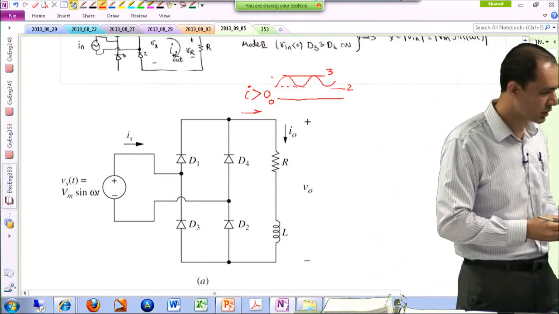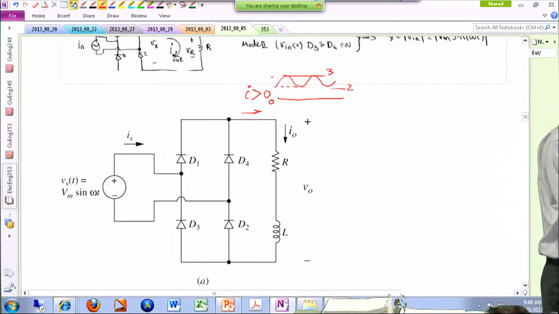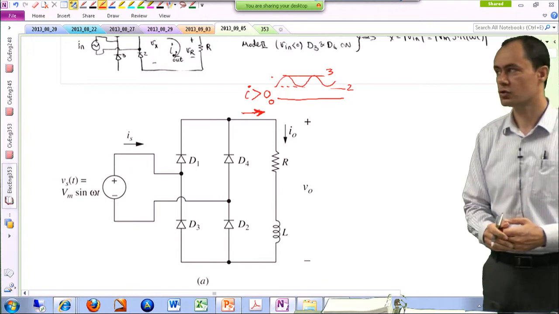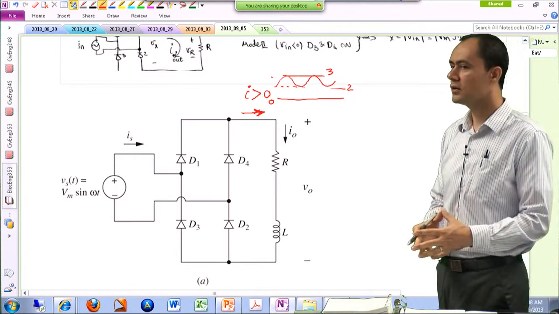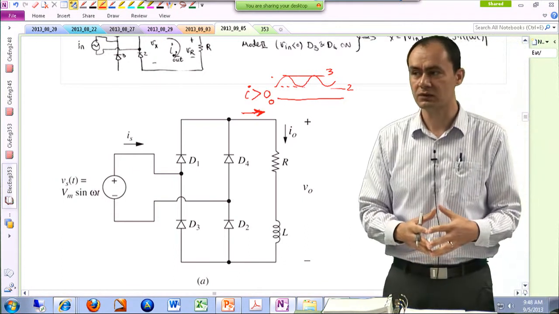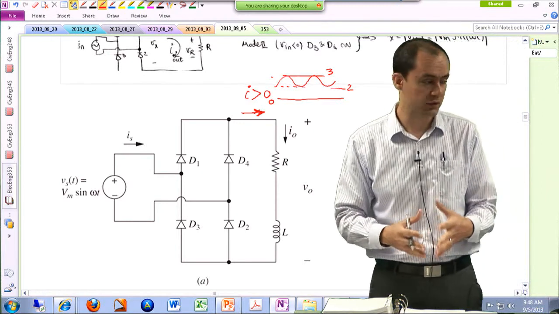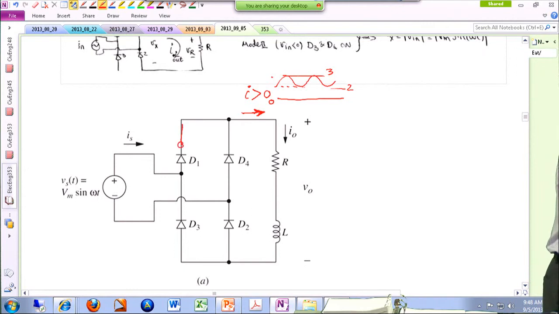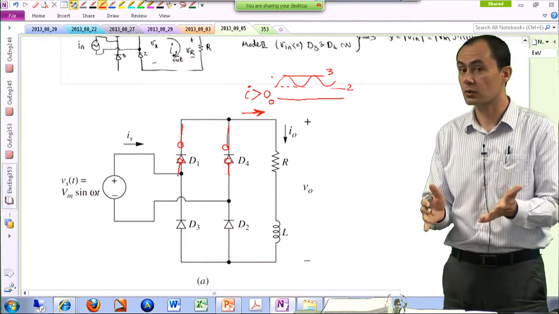Now, if you make such an assumption, you're going to realize that a continuous current over here is a mandate for D1 and D4, so we need at least one of them to be conducting at any given time. Both of them cannot be off at the same time, because if this one is off, like an open circuit, and this one is off, like an open circuit, then the question is, where is this current going to flow through?